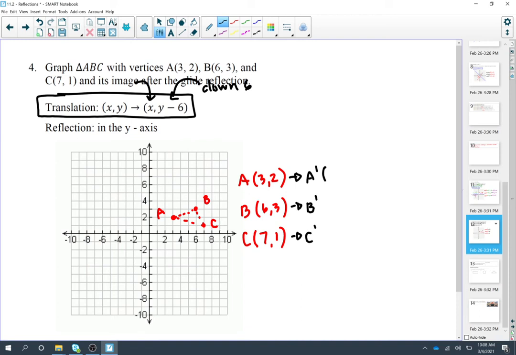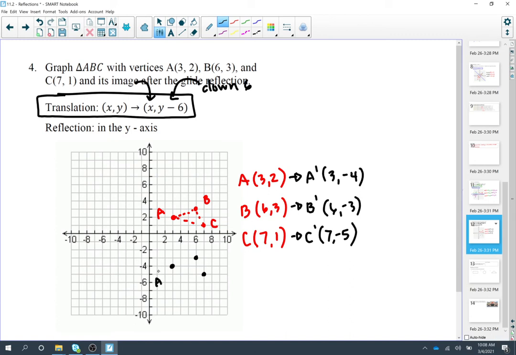So if we're moving down 6, I'm just going to take A and go 1, 2, 3, 4, 5, 6, which puts A at 3, negative 4. If I take B, 1, 2, 3, 4, 5, 6, that's at 6, negative 3. And if I take C, 1, 2, 3, 4, 5, 6, that is at 7, negative 5.